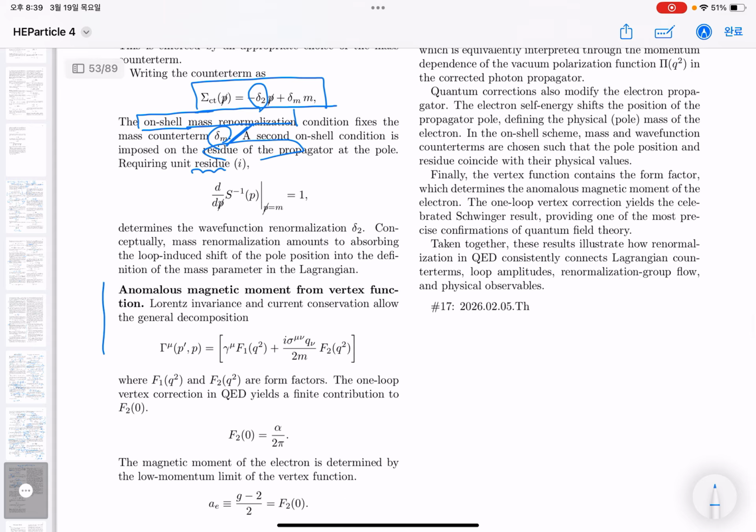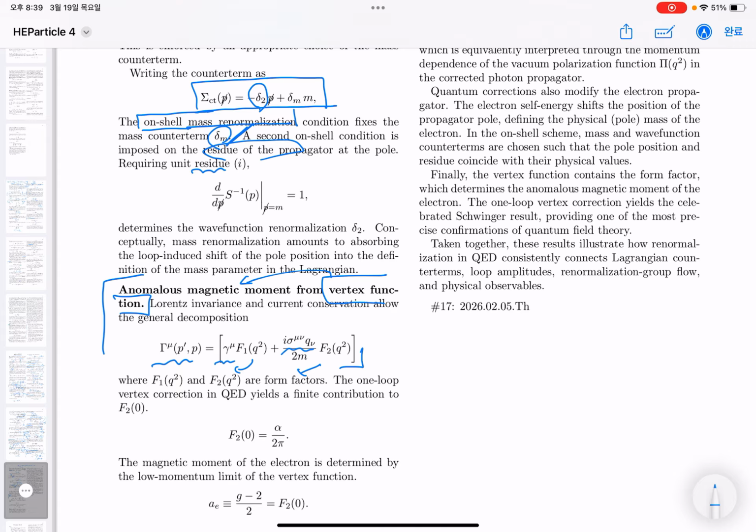Lastly, the remaining part is the vertex function. This vertex function changes the anomalous magnetic moment. One can decompose the vertex function into the two Lorentz structures, gamma mu and sigma mu nu q nu. These structures can be obtained from several identities, and the functions multiplying each term are called form factors.